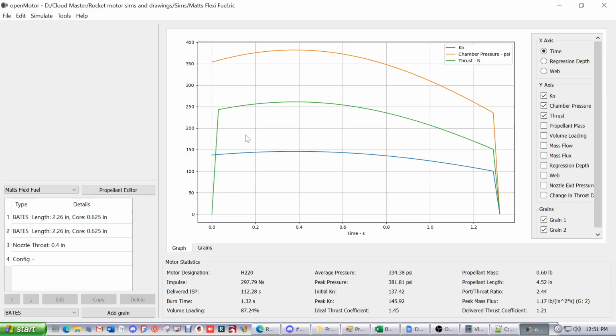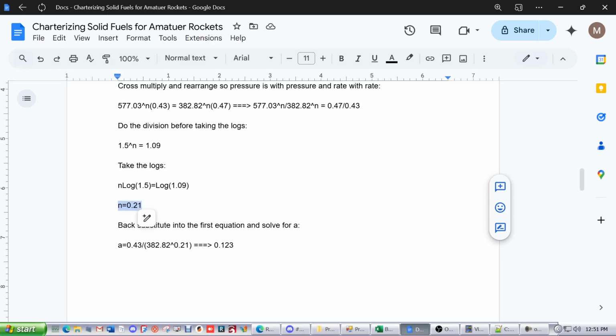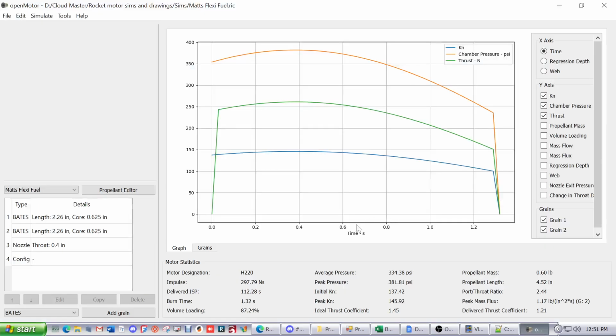Okay, what is my peak pressure? 381.81. What was my calculated pressure? 382.82. Pretty dang close. That's a pretty good indication that our burn rate numbers for N and A are really close and pretty spot on.